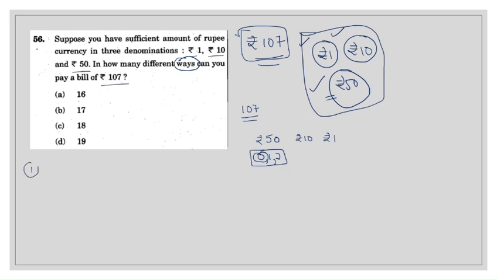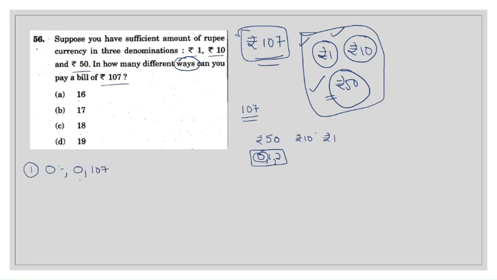First we'll start with 0 rupee 50 notes. So in this case, the number of 10 rupee notes that we can use is, okay, so one case is that we use 0 10 rupee notes also, and we use just rupee 1 coins. So we'll have 107 rupee 1 coins.